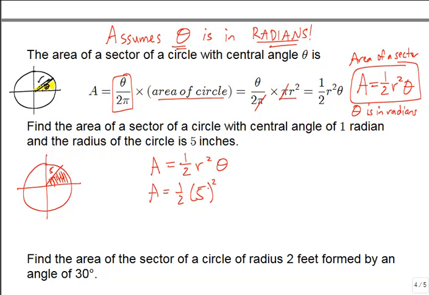We want to square that radius, and our theta is 1 radian, and that's in radians already, so I don't need to do any conversion. I'm just going to write a 1 right here. 5 squared is 25, so this is going to be 25 divided by 2, or 12.5. And what would the units on this be? Well, remember, it's an area, so we're talking about squared units, and since the radius was in inches, this is going to be inches squared.